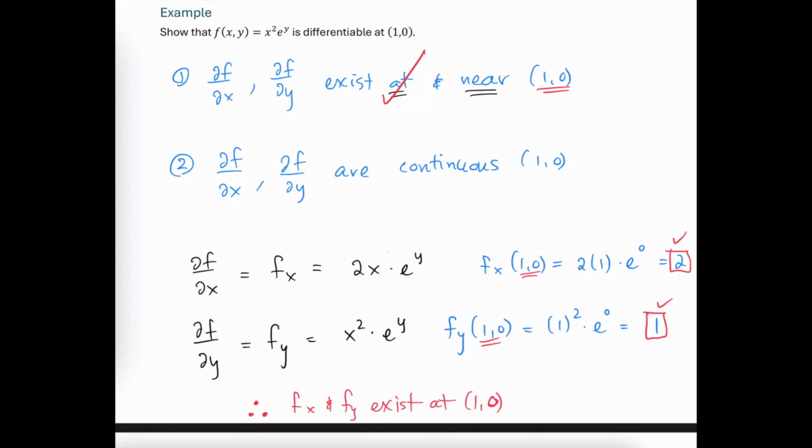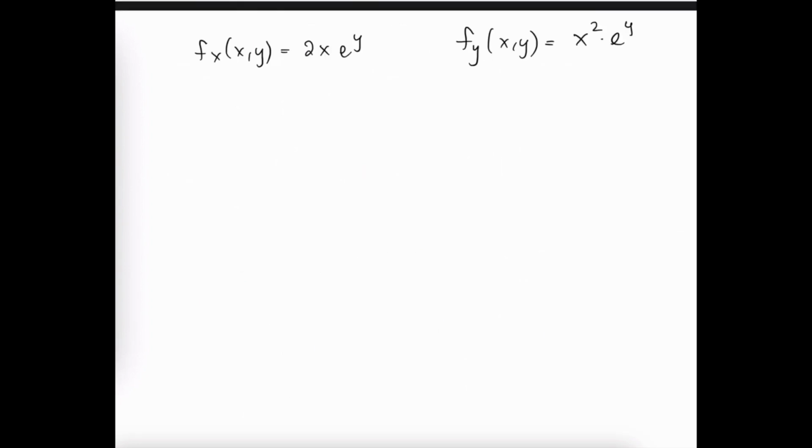Now let's take a look at near (1, 0). So we've copy-pasted our first partials down here, and let's notice that these first partials are combinations of two functions that have unrestricted domains. 2x, there's no x value that would cause 2x to have an output that is imaginary or undefined. Same with e to the y. E to the y is a continuous function.